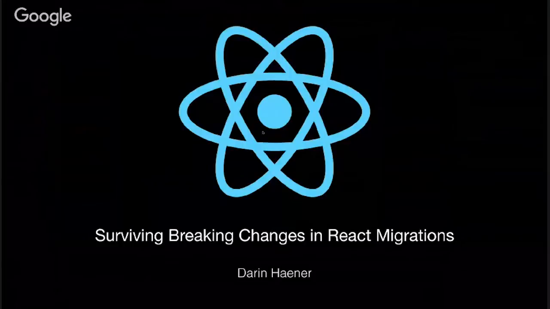Let's get started. I'm going to talk today about breaking changes when migrating versions of React. As we know, the JavaScript world moves super, super fast, and there's not always good documentation about when breaking changes happen.